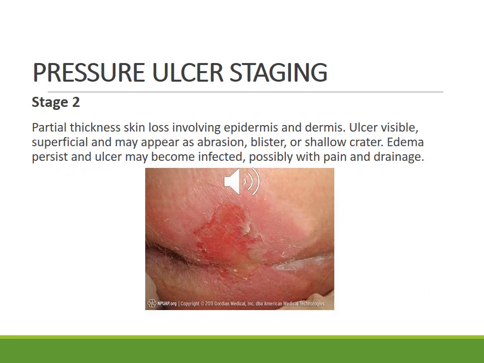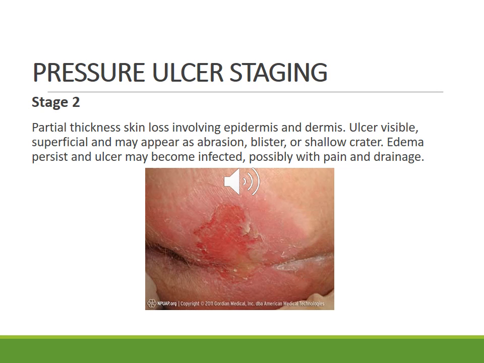Stage two pressure ulcers, we start to see that partial thickness skin loss where we're involving the epidermis and the dermis. It can seem superficial and may appear like an abrasion or a blister or a shallow crater. Edema may persist, and the ulcer may become infected, possibly with pain and drainage. So, the picture here is to give you an example of a stage two.